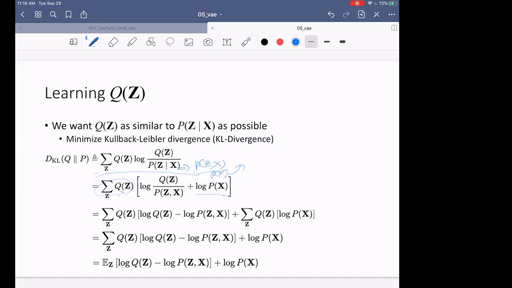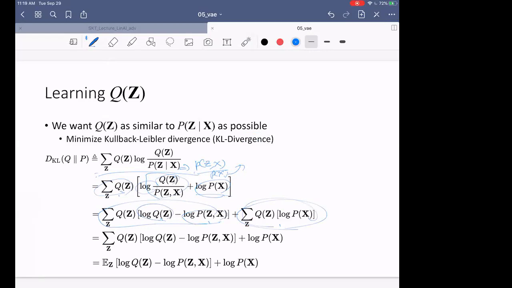Because this is an expectation, you can separate the first term and the second term. Because sigma Z over Q(Z) is an expectation, you can separate the numerator and the denominator, because it's a log function. So this is the numerator, this is the denominator, this is the second term. So far so good, I hope.